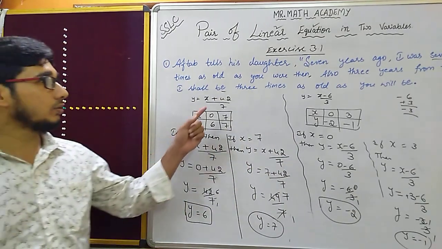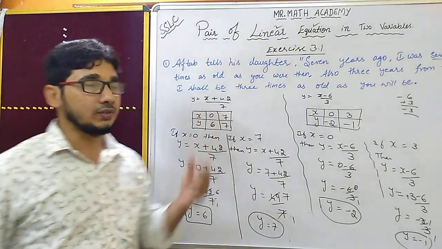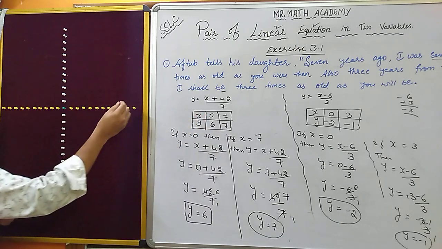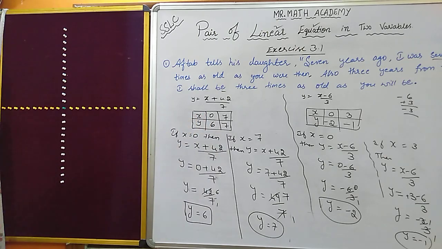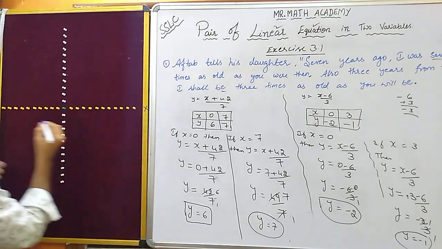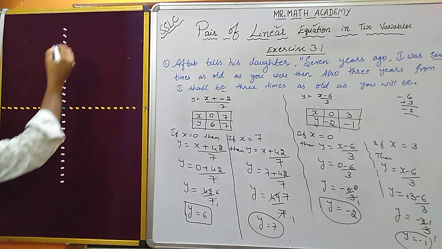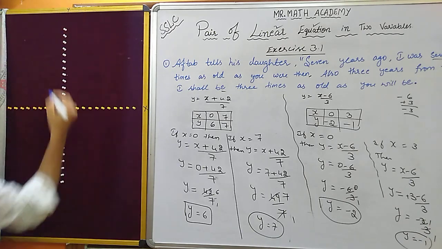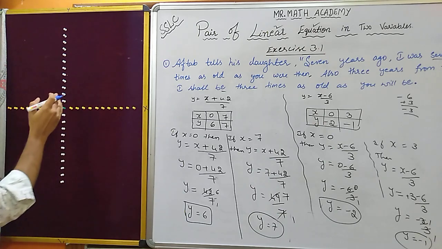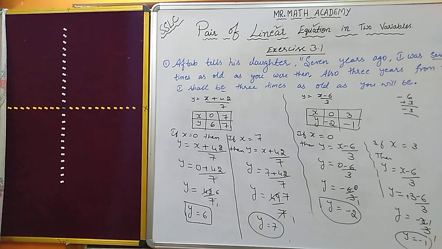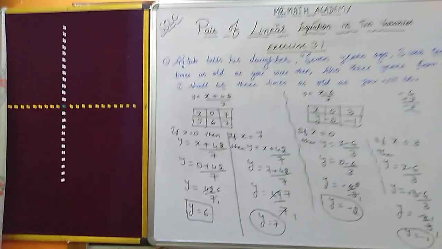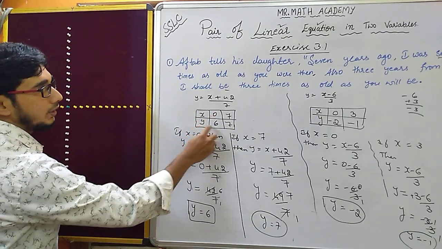See, now I have to plot these points in the graph. This is the x-axis. I'll write here, this is x, this is x dash, this is y, this is y dash. So x is 0, y is 6.